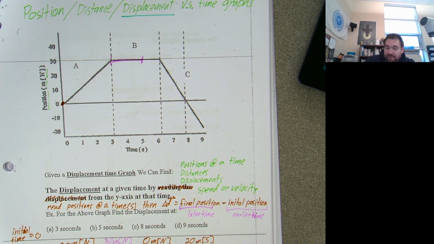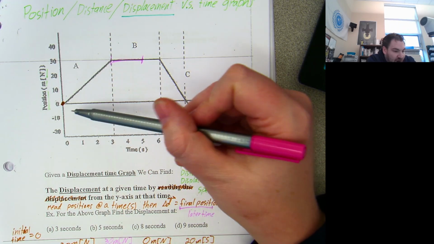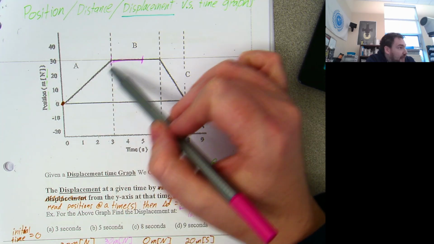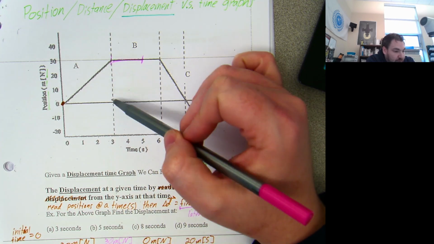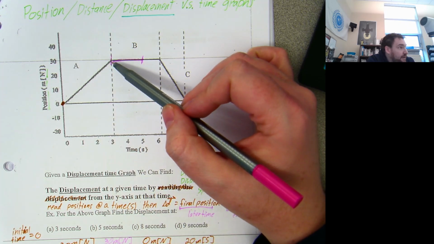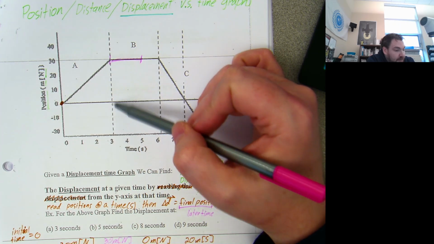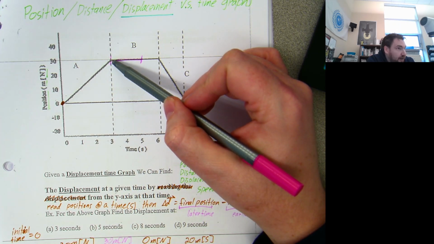So if I want to look at that for this one, what is our velocity for 0 to 3, that first 3-second window? Well, what's the displacement for that first 3 seconds of time for our bug?